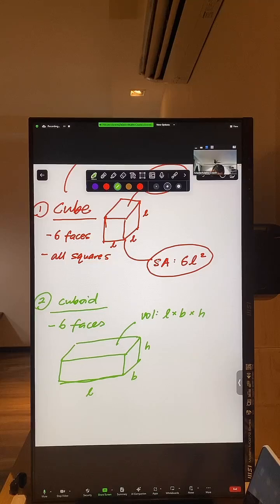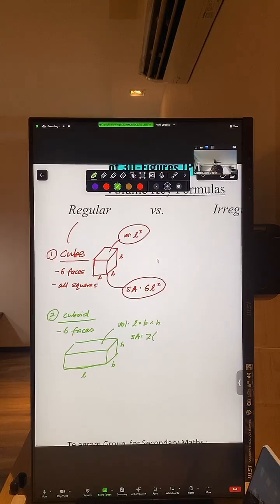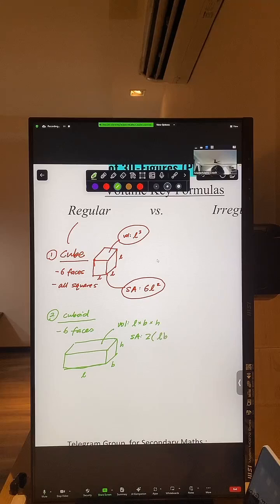So the surface area will be 2 times, let me zoom up a bit, LB plus LH plus BH.